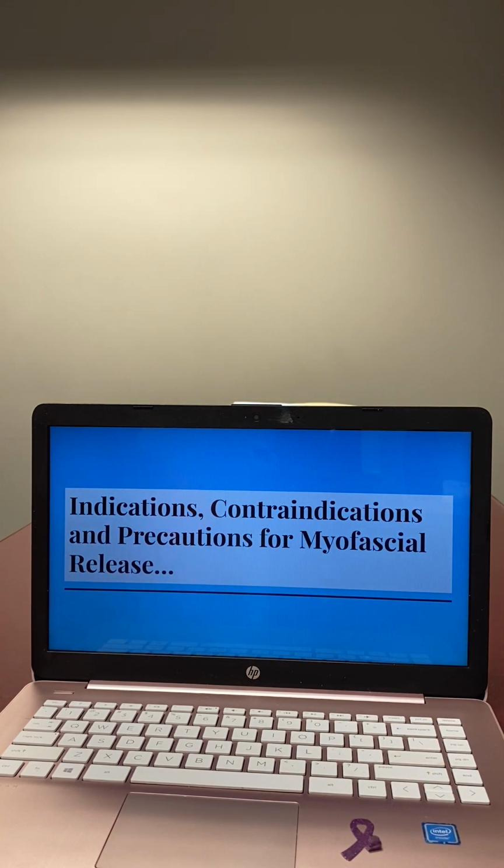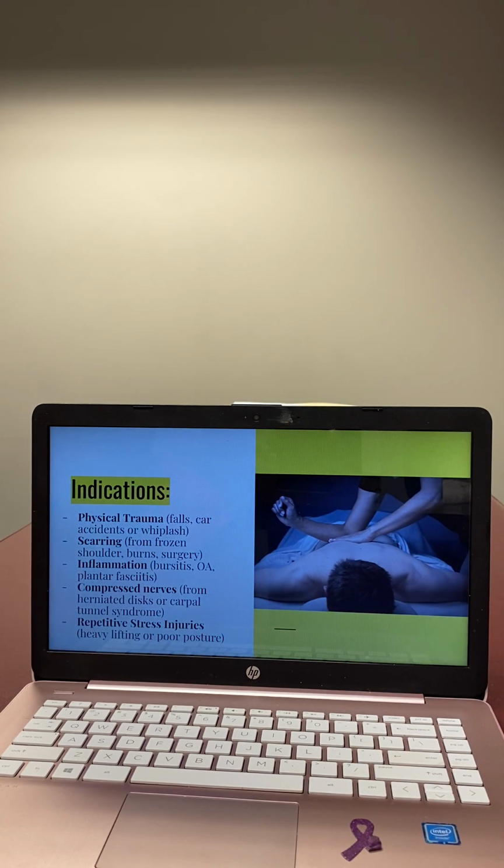So let's get into indications, contraindications, and precautions for MFR. Some of the indications are physical trauma. This can be anywhere from falls, car accidents, or whiplash. Second one, scarring, so from frozen shoulder, burns, surgery.